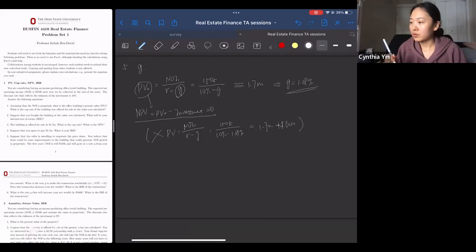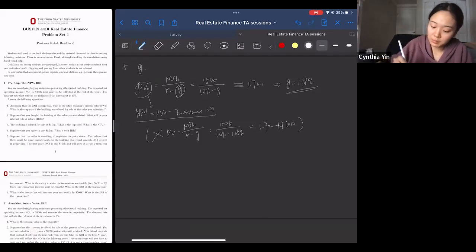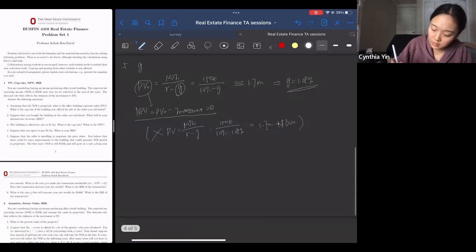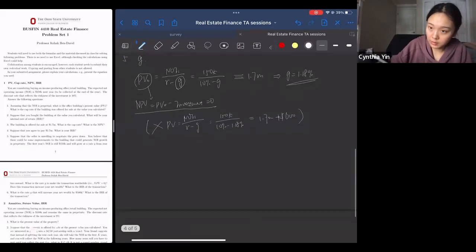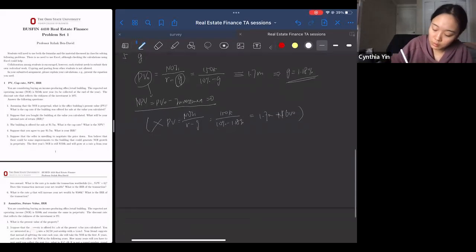So the last one is, what is the IRR of the transaction if you manage to increase your growth so that the NPV equals zero? This is also very tricky, because all you need to do is, again, back out the IRR. The payment is 1.7 million.